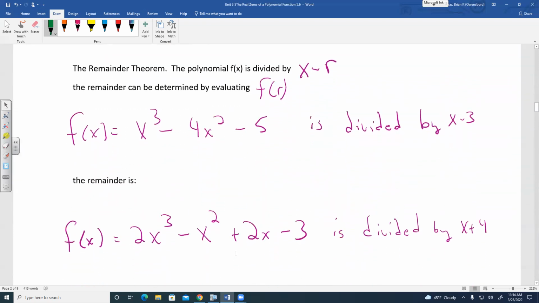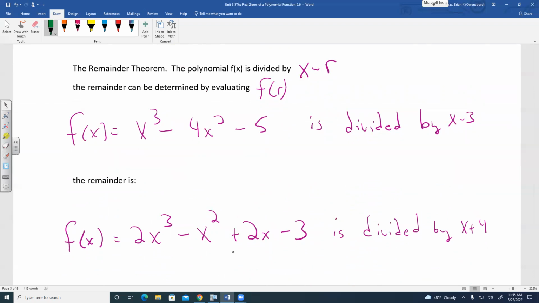Now, that's synthetic division and long division. Now let's get into some algebraic stuff here as well. There's what's called a remainder theorem. If the polynomial f of x is divided by x minus r, the remainder can be determined by evaluating f of r.